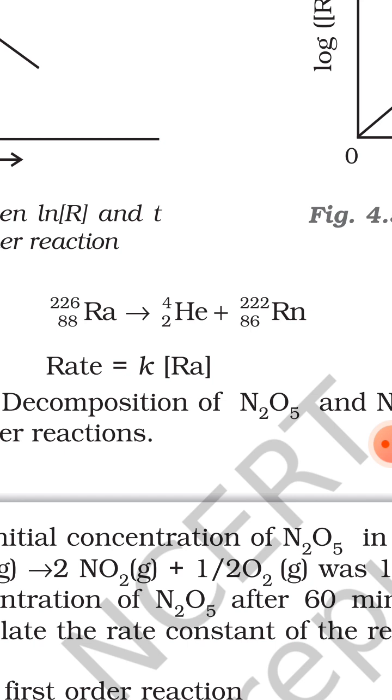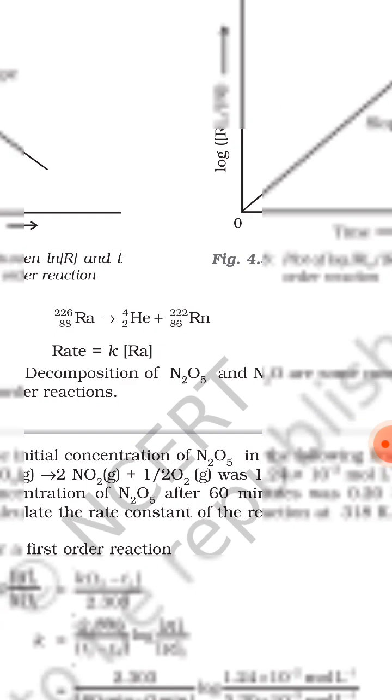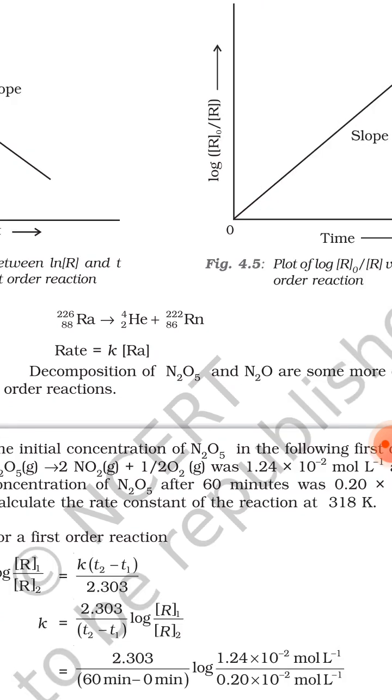Why two electrons? Because an alpha particle is released from the unstable radioactive element radium. Now the rate of decay of radium will be rate equal to K times the concentration of radium.